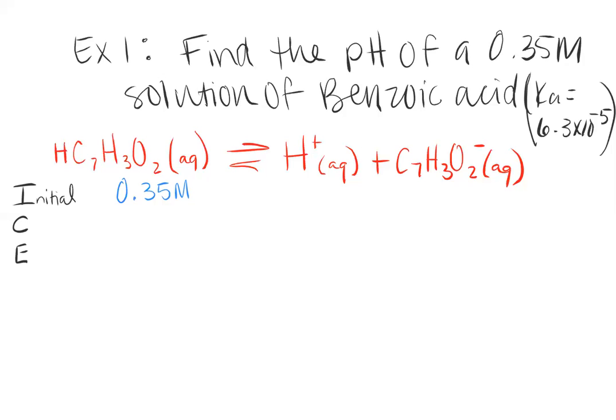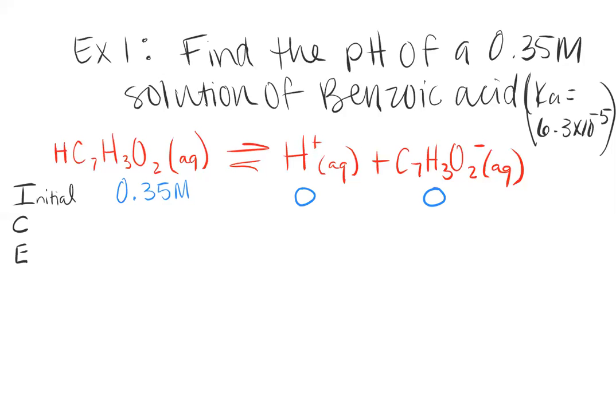It's understood that we're dealing with that same unit throughout our ice tables. Okay. Now, initially, when we create the solution, we have 0.35 molar concentration of the acid, and we have 0 of the proton and 0 of the anion. Why? Well, because we haven't formed it yet. We just started the reaction, so that's the point of the initial part.